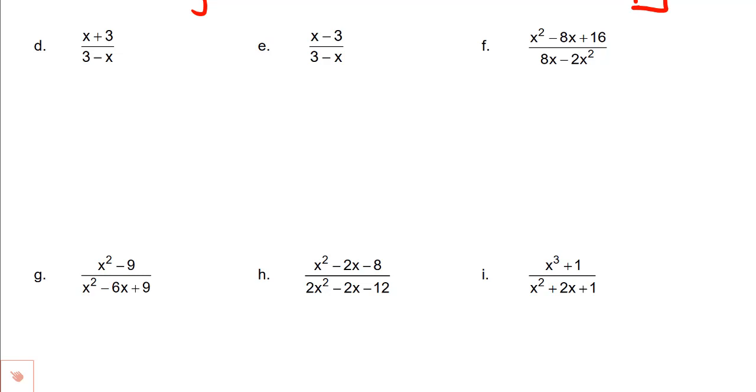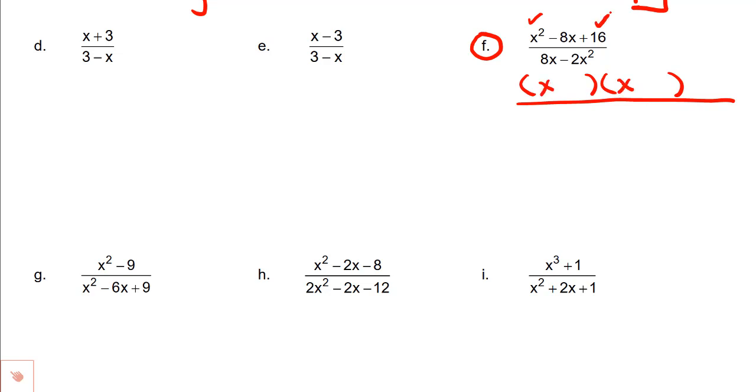And we're going to do the same thing as we did above. Factor first. So we'll do this one. And how do I make x squared? X times x.